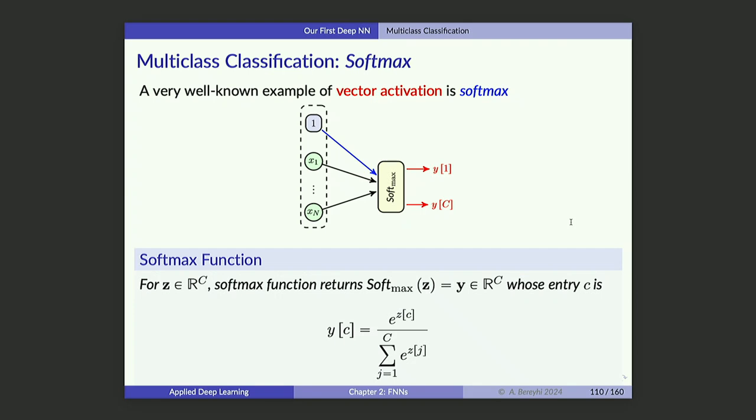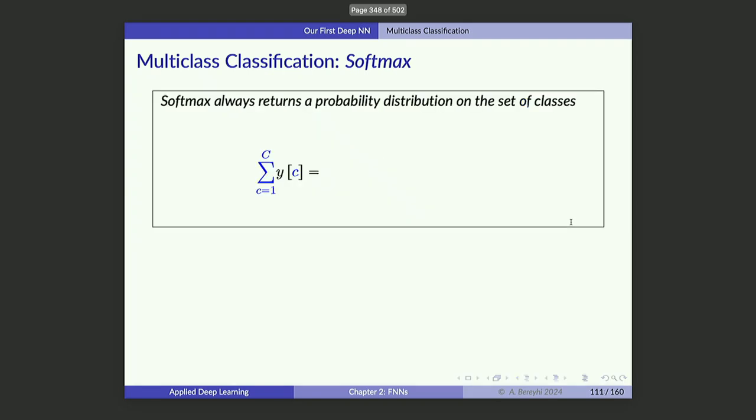So this is the softmax, and the key feature of this guy is that if you add it up over every single entry here, you're going to end up with 1. Great. So let's just check it together. Say I have activated Y with softmax, meaning that I pass this vector Z through softmax, and then I get Y1 till YC. Now I want to add them up.